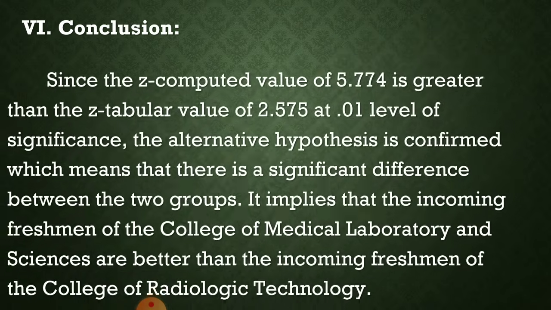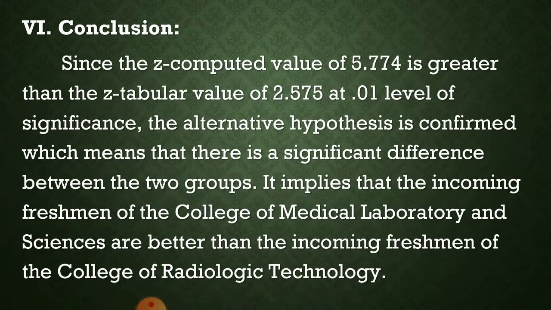For the conclusion, since the Z computed value of 5.774 is greater than the Z tabular value of 2.575 at 0.01 level of significance, the alternative hypothesis is confirmed, which means that there is a significant difference between the two groups.